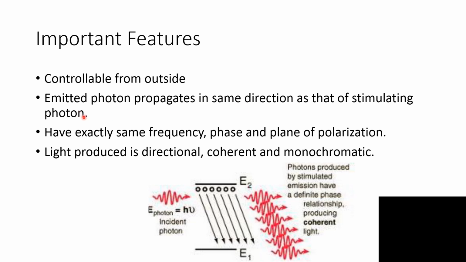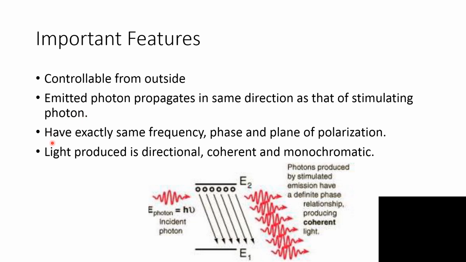So stimulated emission is the only process by which we can get a unidirectional laser, because in spontaneous emission we get light like a simple bulb. By stimulated emission we can get a laser, and otherwise a laser is not possible without stimulated emission.